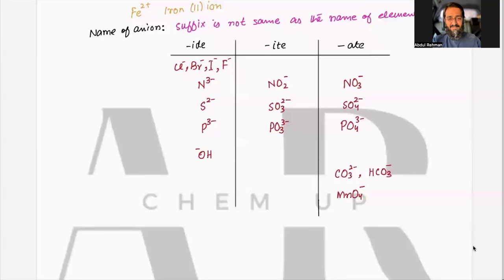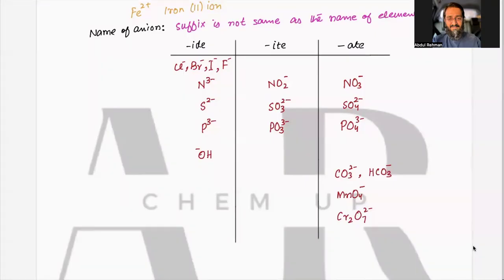Manganate. And we have one more, Cr2O7 2-. What is this one called? Dichromate, because there are 2 chromium.